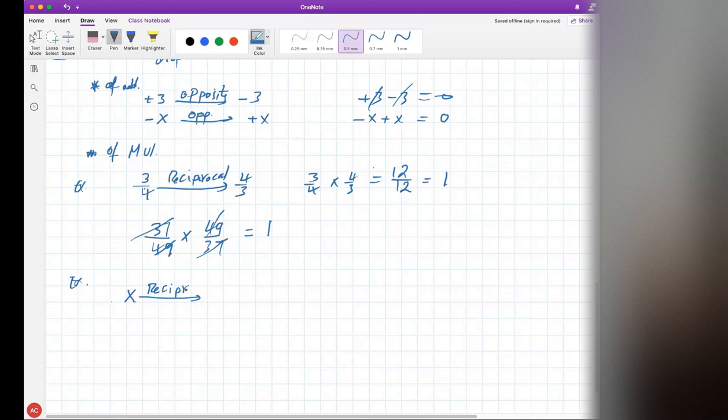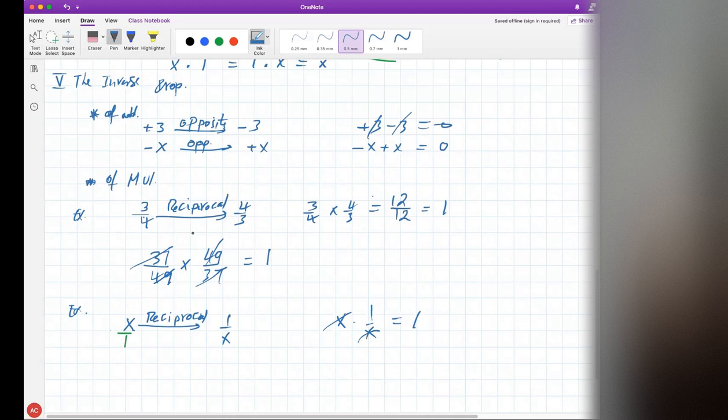That's right. As we said last time, we can take any whole number and turn it into a fraction, and now we can get the reciprocal by flipping it. So it's going to be 1 over x. And of course, x times its reciprocal would be 1. Always going to be 1, or you can think of it this way: you cancel the x and x, you have 1 left.